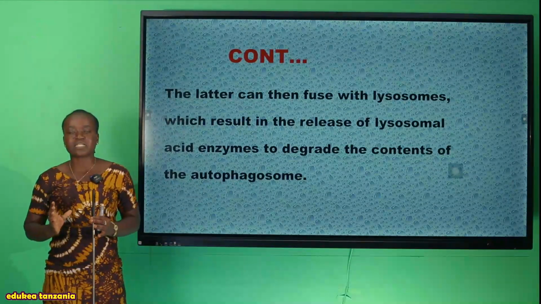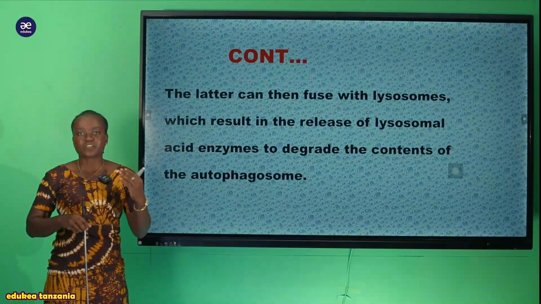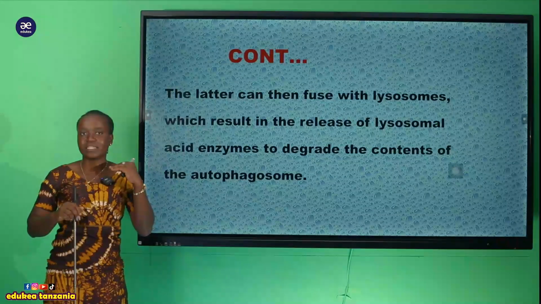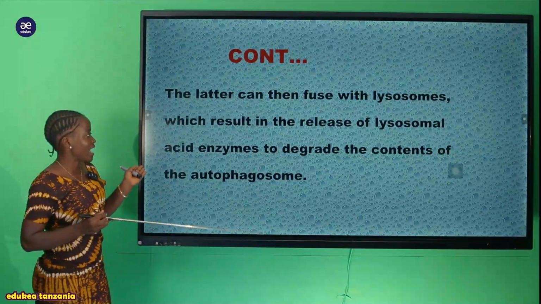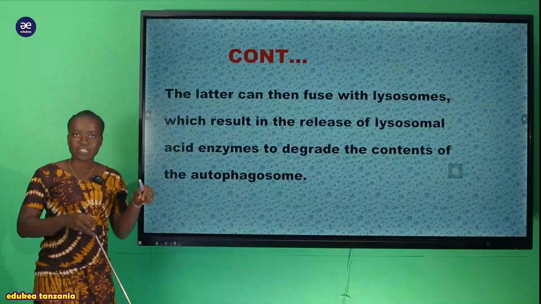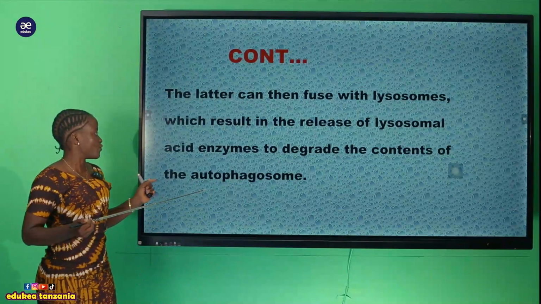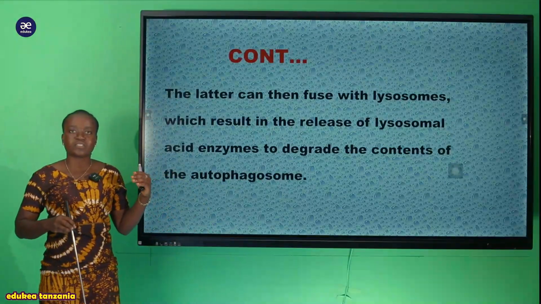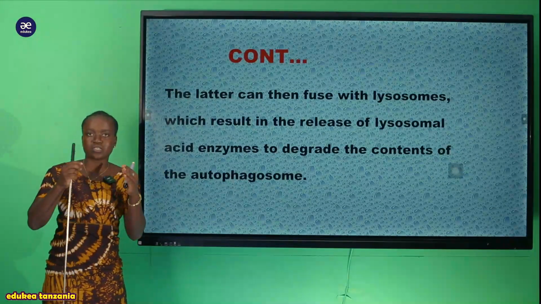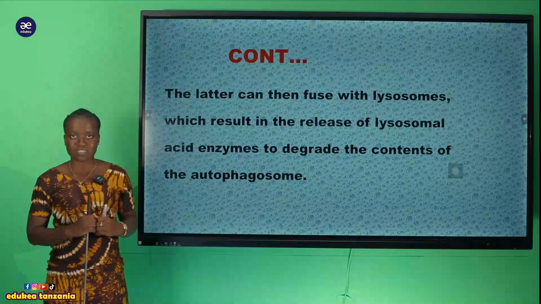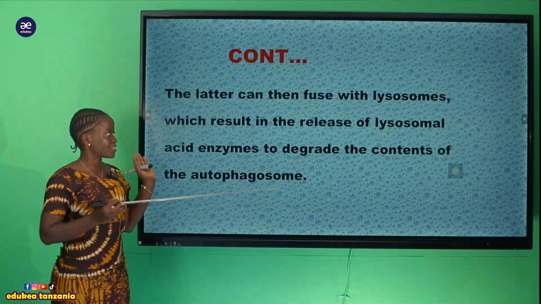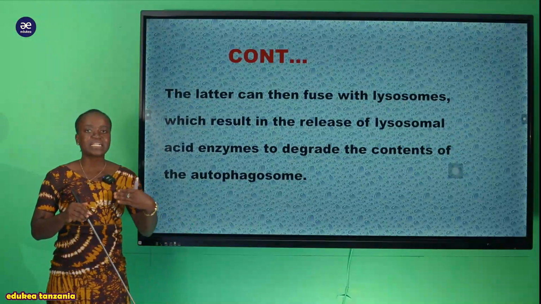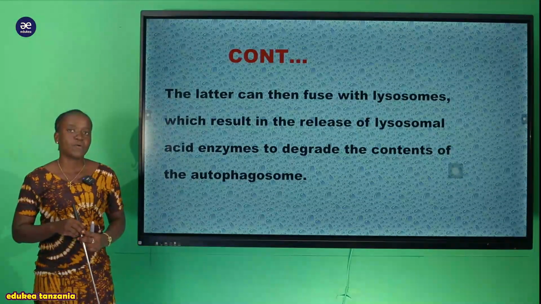So zile enzymes zitawork upon that dysfunctional organelle ambayo sasa ipo ndani ya ile autophagic vacuole. Thereby it degrades the content found within the autophagosome. Remember the autophagosome is just like a pouch where those dysfunctional organelles are placed. So the content of the lysosome, that is lysosomal acidic enzymes, will degrade those dysfunctional organelles.